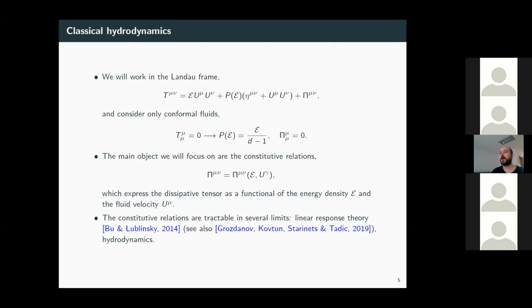We imagine we have an expectation value of an energy momentum tensor, expressed in a standard frame in terms of a perfect fluid contribution, which is fixed in terms of the energy density and the normalized fluid velocity, and a correction, which I'm going to refer to as the dissipative tensor, or the tensor of dissipative currents, which encodes deviation from perfect fluidity.